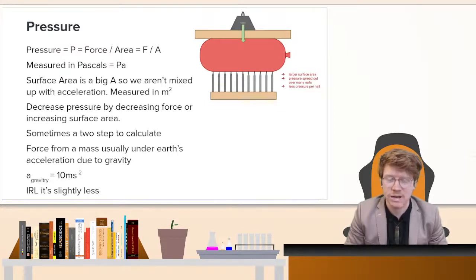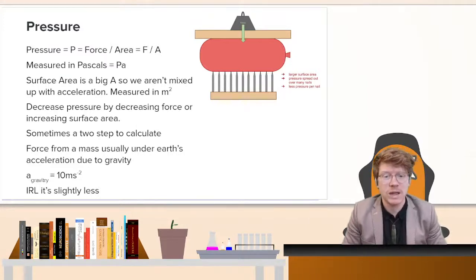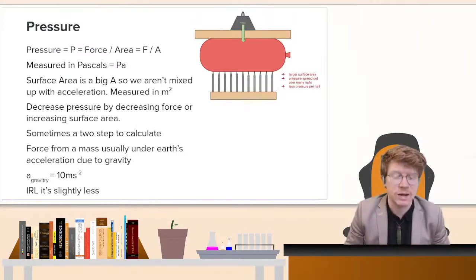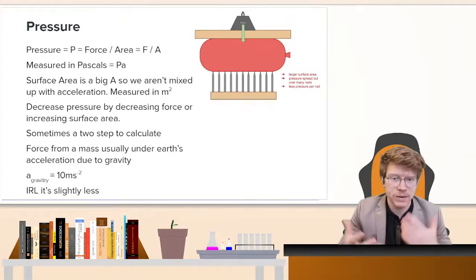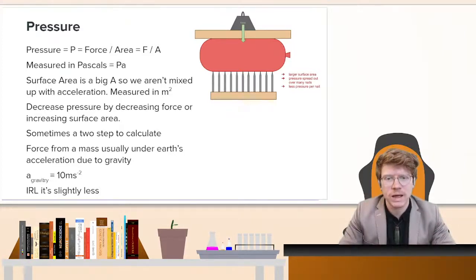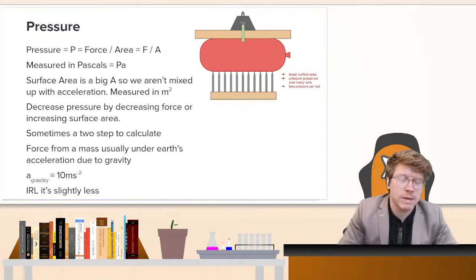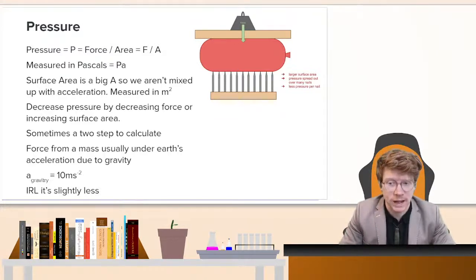In reality, it's slightly less, but 10 at this level, meters per second squared, is perfectly fine, right? You would then times the acceleration due to gravity by the mass, and that would give you the force, right? And then you would divide that by the surface area to figure out the pressure. So there will be some sort of stepwise calculations. If any of that is something you need to work on, then I suggest practicing that.